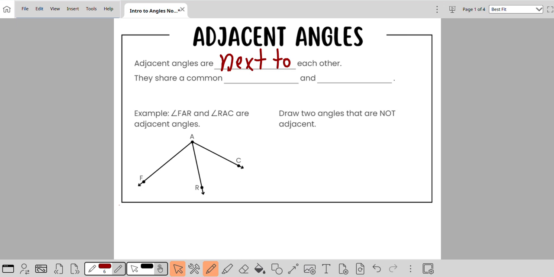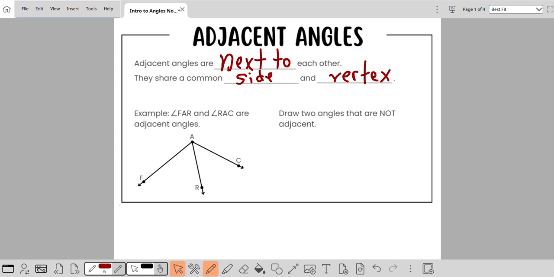They share a wall, kind of like apartments or townhomes. Adjacent means right next to. An adjacent angle shares a common side and vertex. And we'll talk about those here in a second.